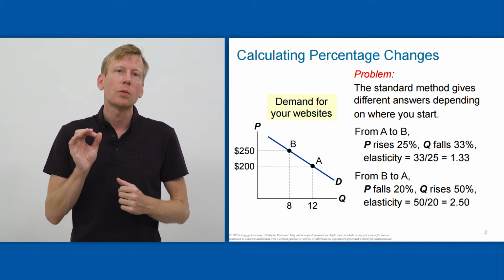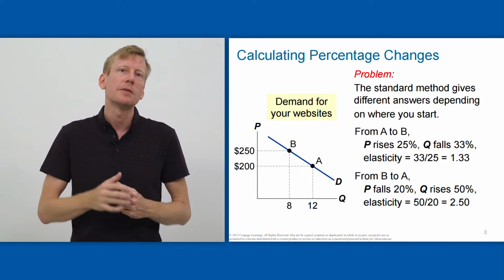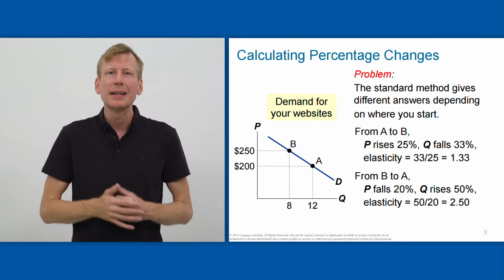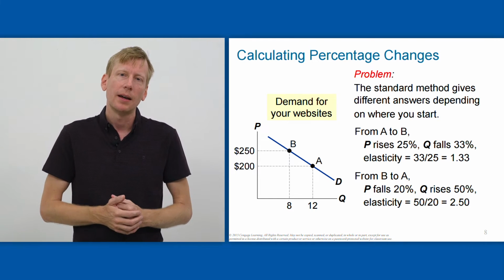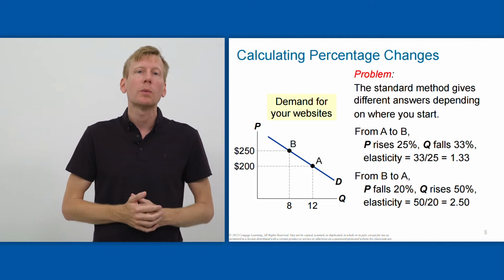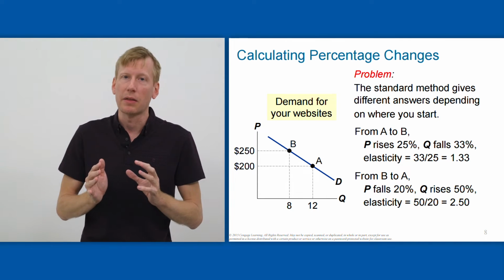So we need to find a slightly modified way to calculate these percentage changes, which will allow our calculation of elasticity to be consistent in this way. So the way that we've found to get around this problem is by using what we call the midpoint method.